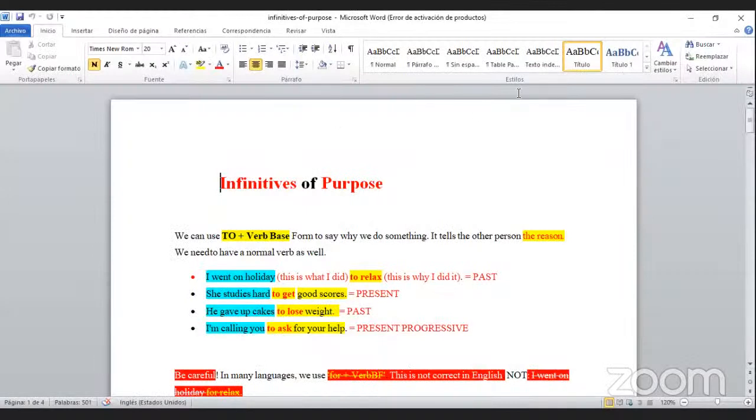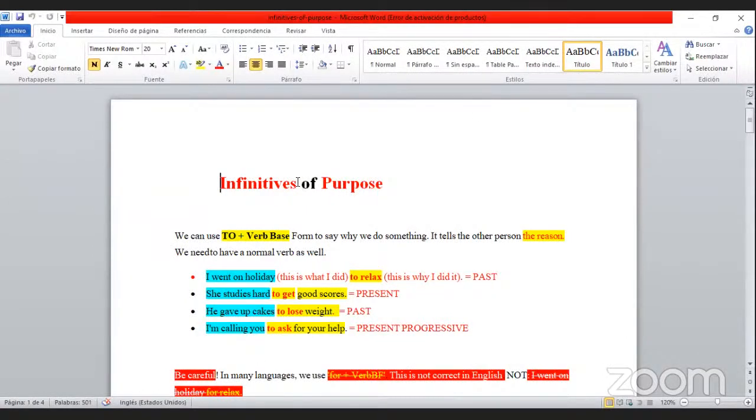As the name says, we will see what words we have in order to make infinitives. And the other part of the name says that we will use these infinitives to create a purpose with this. So always having a reason.